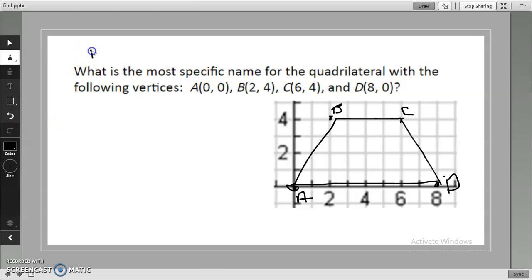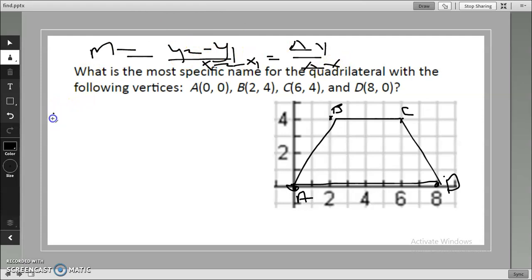and just recall slope is y2 minus y1 divided by x2 minus x1, or it is the change in y over the change in x, or rise over run. Okay, I'm going to use this formula here. So we'll do the slope of AB, and just because I named it AB, I'll make B my second point.